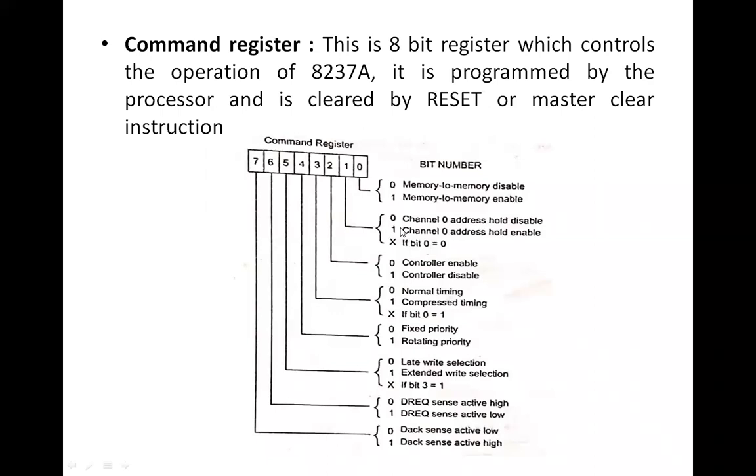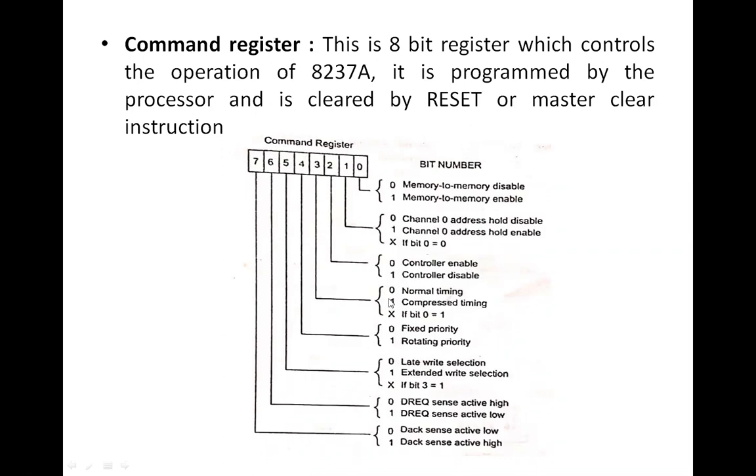If it is 0, channel 0 address hold is disabled, and if it is 1, channel 0 address hold is enabled. This applies only if bit 0 is equal to 1. Bit number 2 is 0 or 1. If it is 0, the controller is enabled. If it is 1, the controller is disabled.